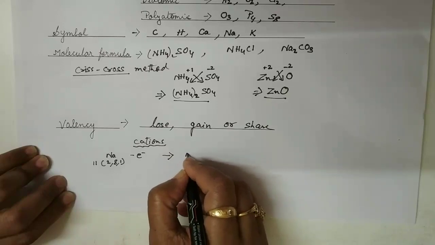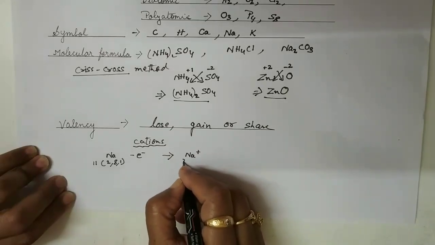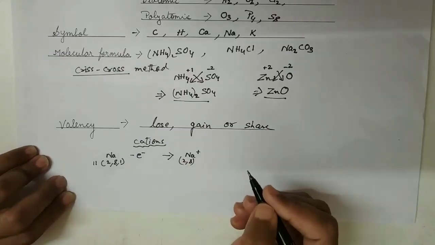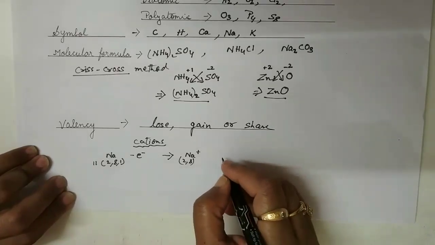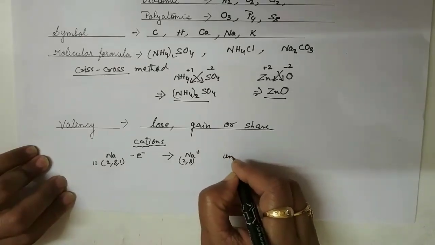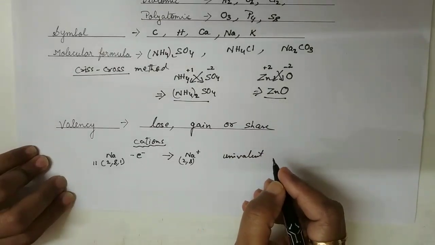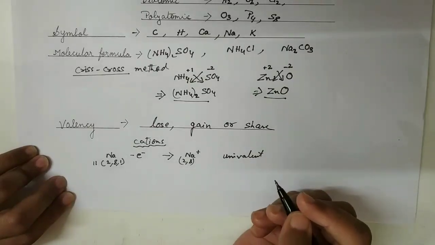sodium becomes sodium ion with now the electrons are this. Actually, it is a univalent example where the valency is 1.